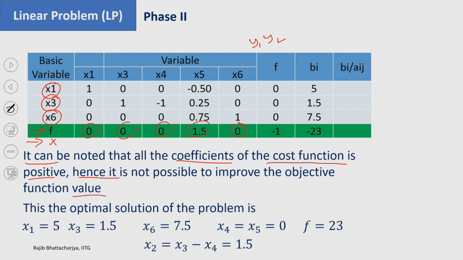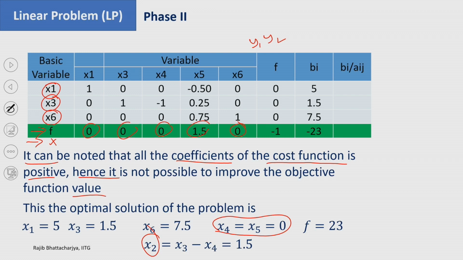So, the solution is now x 1 equal to 5, x 3 equal to 1.5, x 6 equal to 7.5, and x 4 and x 5 are non-basic variables, so they are 0. What is x 2? x 2 is x 3 minus x 4.